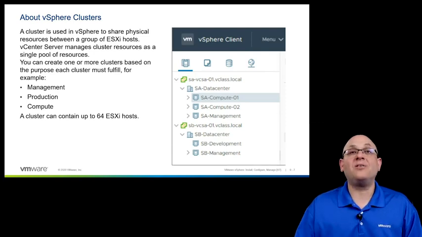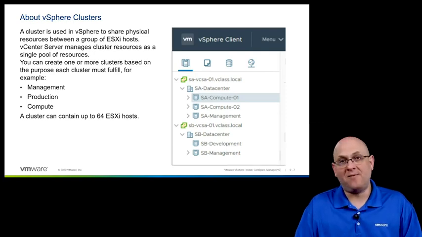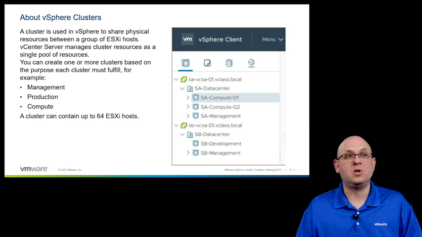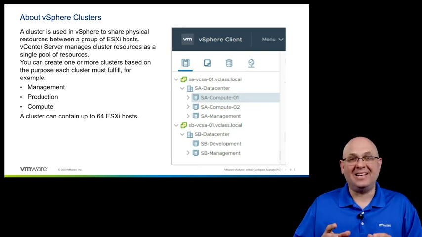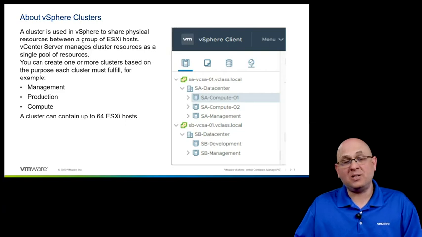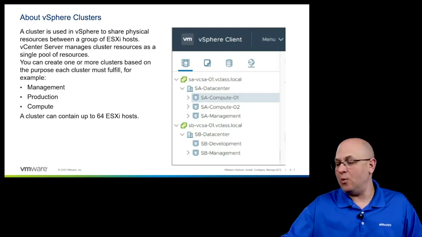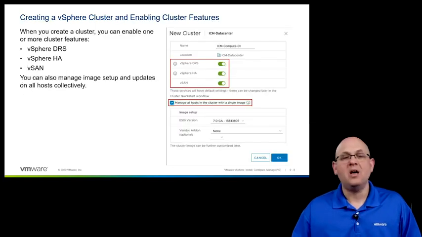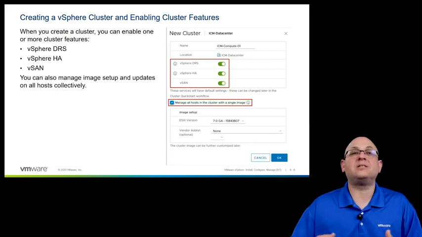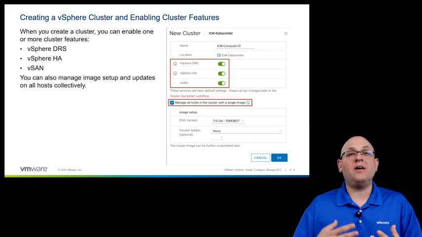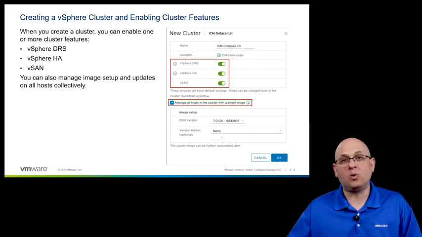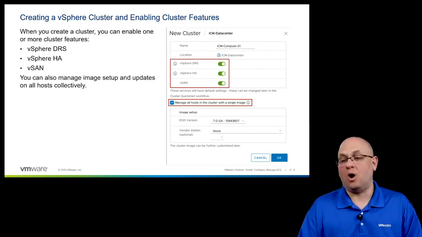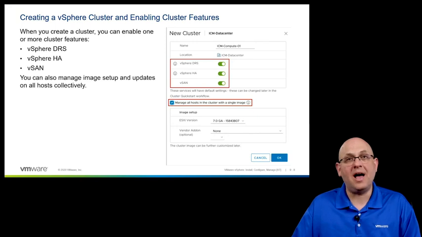A cluster itself can contain up to 64 ESXi hosts with up to 8,000 virtual machines on a single cluster. So that's pretty significant. Now, when we create this cluster and we have all of these features that we decide to add, all of the hosts in that cluster then aggregate those resources when we turn on features like vSphere DRS.